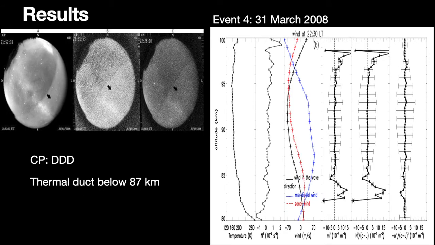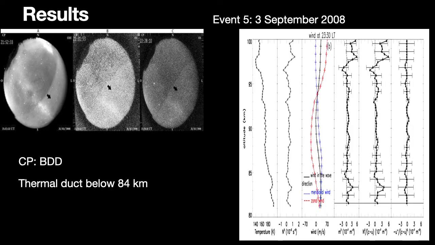Event 4 was observed on 31 March 2008. The complementary pattern was dark, dark, dark, and it is a thermal duct located below around 87 kilometers height.